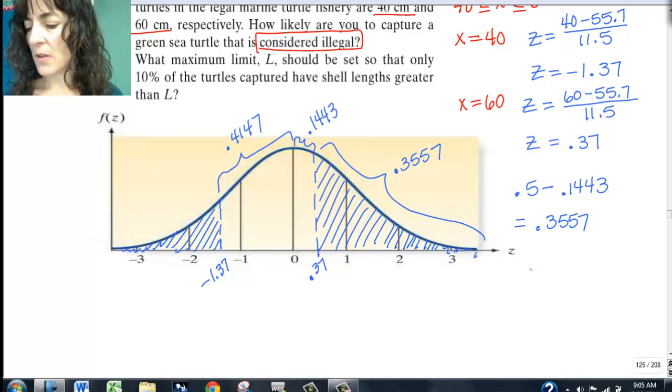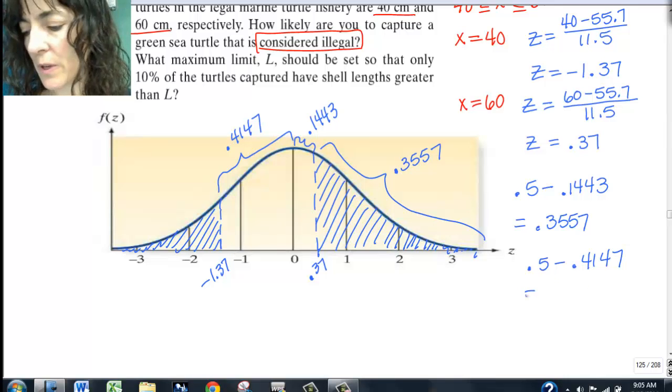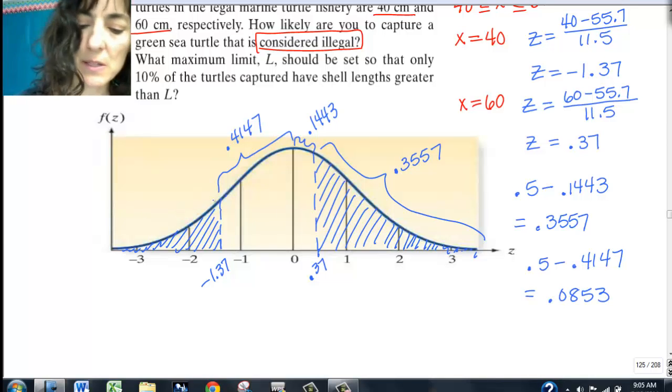And then for the other side, the left-hand side, I'm doing 0.5 minus 0.4147, and there I'm going to get 0.0853, so that's this region, 0.0853.